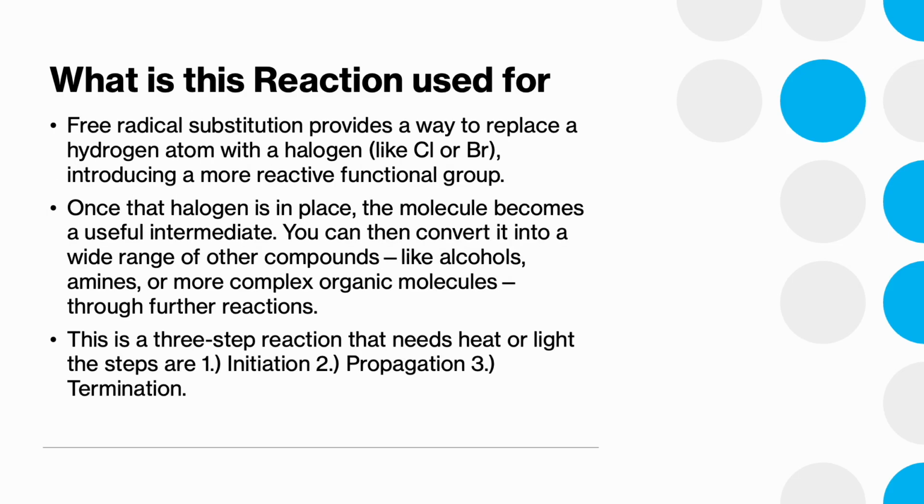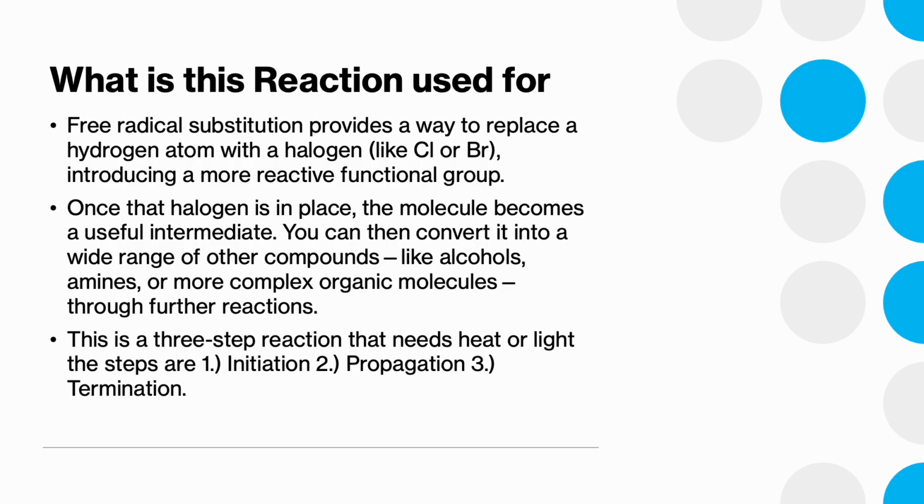And what is free radical substitution used for? For the most part, free radical substitution provides a way to replace a hydrogen atom with a halogen, like chlorine or bromine, and that introduces a more reactive functional group. These more reactive functional groups make it easier to synthesize other things.